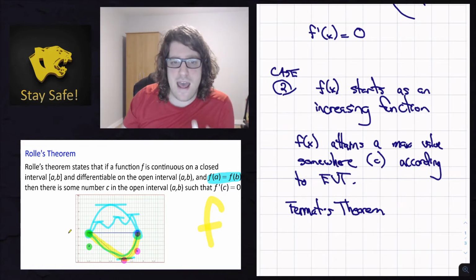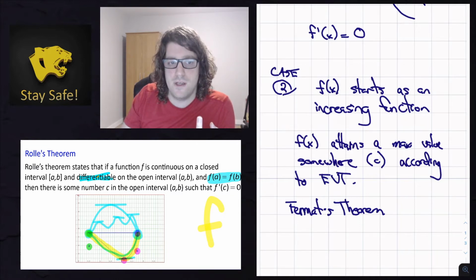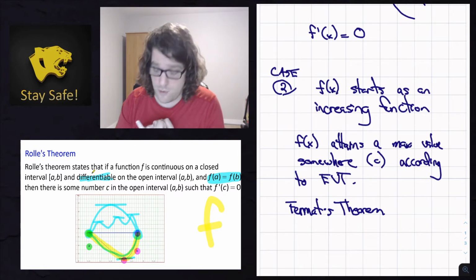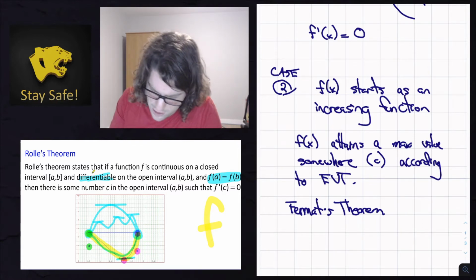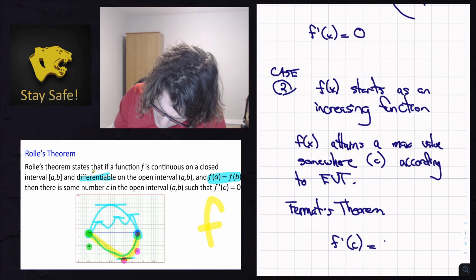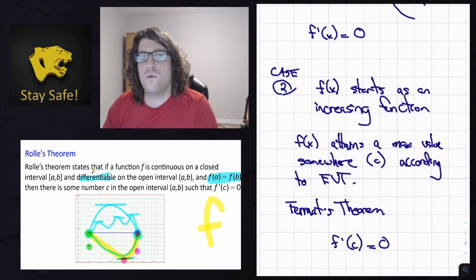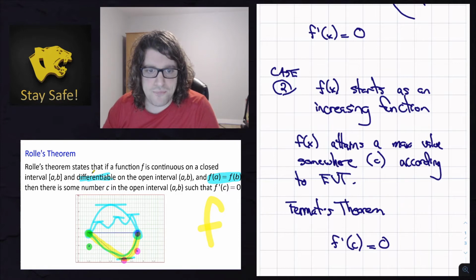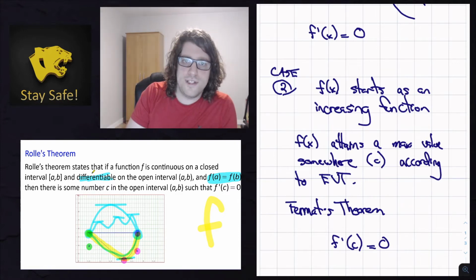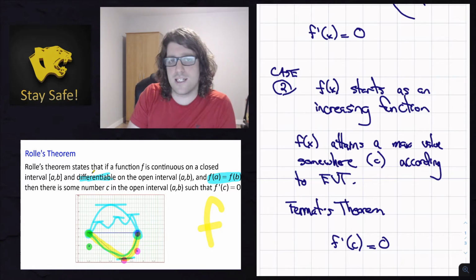But we said at the beginning of this that this is a differentiable function. So since it's a differentiable function, it does not have a derivative that doesn't exist somewhere in the middle. So Fermat's theorem would say that at that c value, we would have a slope of 0, which is exactly what Rolle's theorem says. So if we go up, extreme value theorem would say that there is a maximum that's obtained somewhere on that interval.